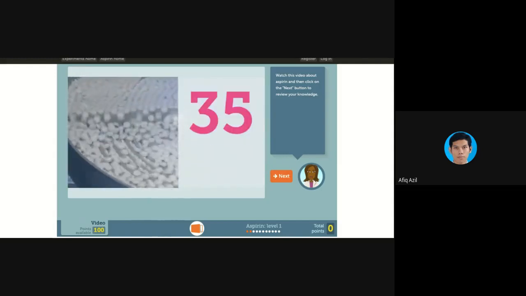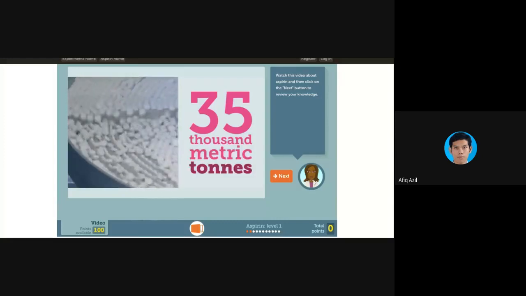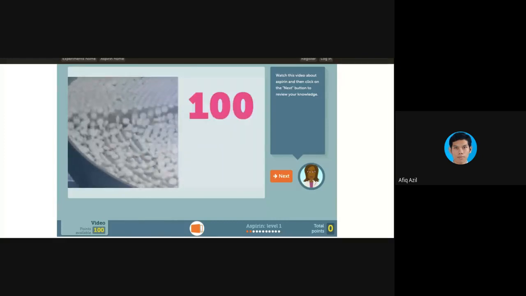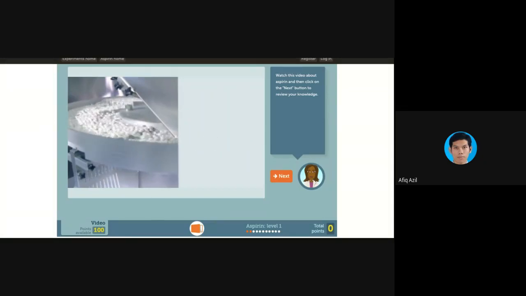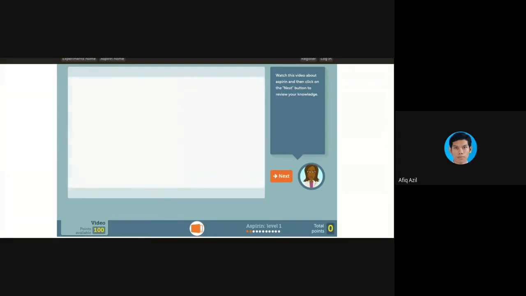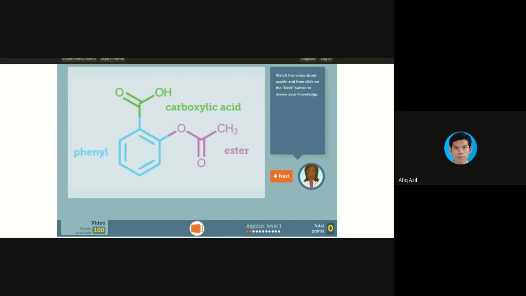Approximately 35,000 metric tons are now produced and consumed annually. That's 100 billion tablets every year. They're used not only as a painkiller, but also to treat fever, inflammation, rheumatism, and heart disease. Aspirin contains a carboxylic acid group, an ester group, and a phenyl group.